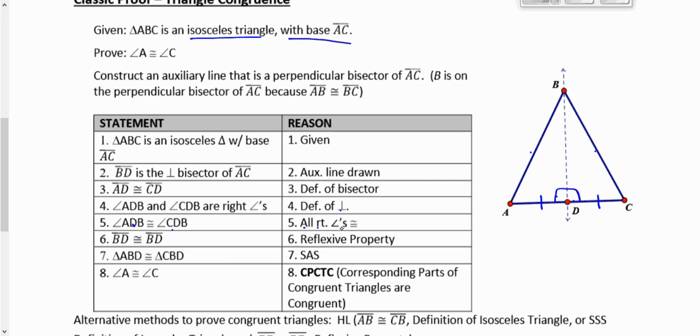Hey, could we combine these two statements into one step? Yeah. What would it be? Angle ADB congruent to angle CDB, and what would be the reason? Because they're right angles. Perpendicular, yeah, perpendicular lines form congruent right angles. Yeah, you're on the right track. But I thought you had to state.